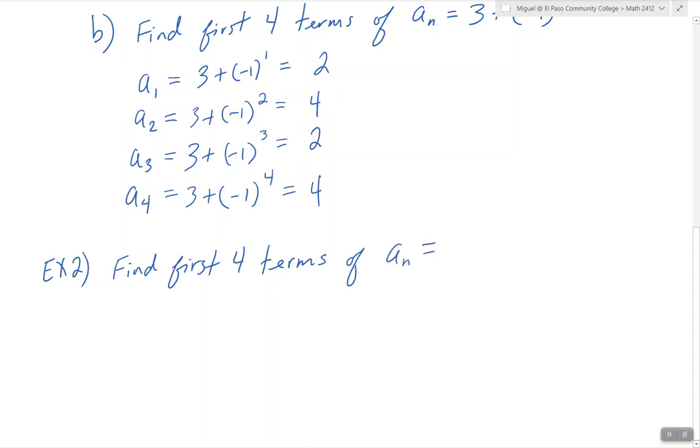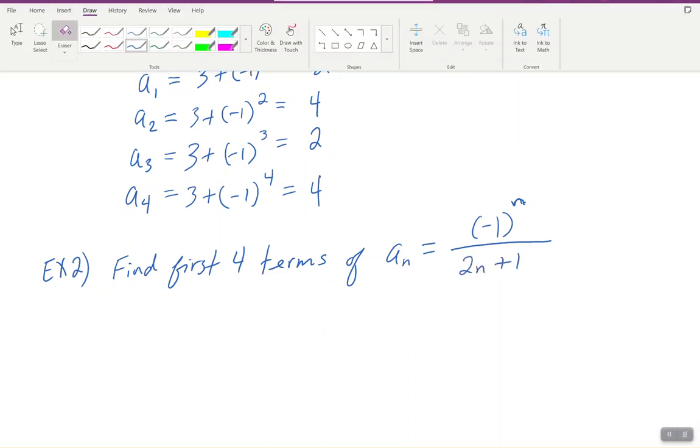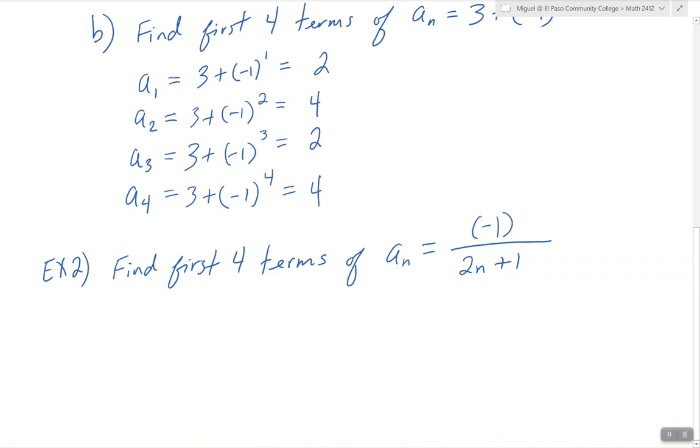Expression will be a sub n is equal to -1 to the n power over 2 times n plus 1. So this one not only has a fraction but also has n twice, right? In the exponent and also in the denominator.